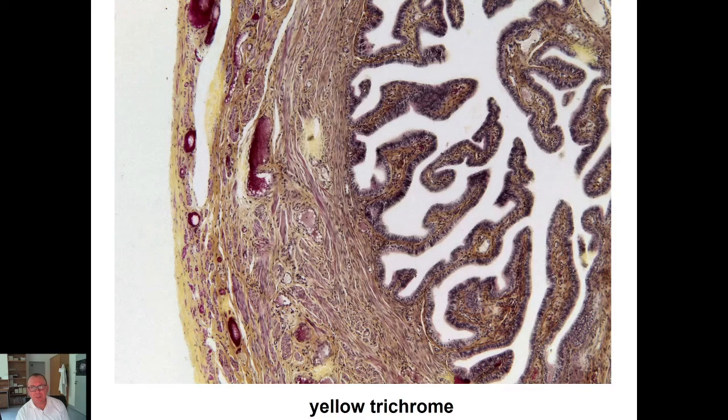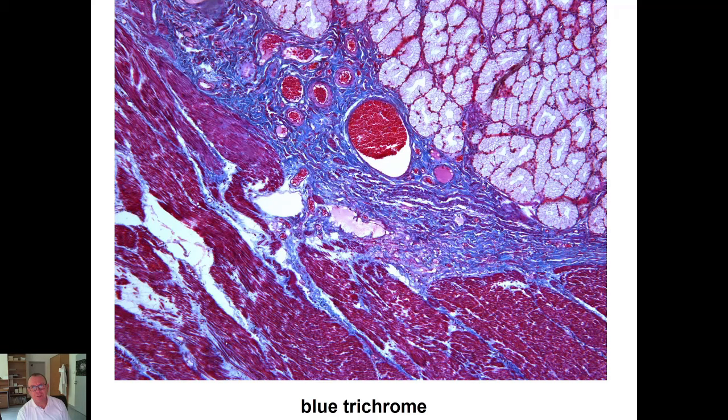It is yellow trichrome and connective tissue here is yellow, and muscle, which is here, is pink in this case, or here is a smooth muscle, it's again pink. It isn't esophagus, it is uterine tube here, but it doesn't matter. Or blue trichrome, where muscle is red here and collagen is blue.